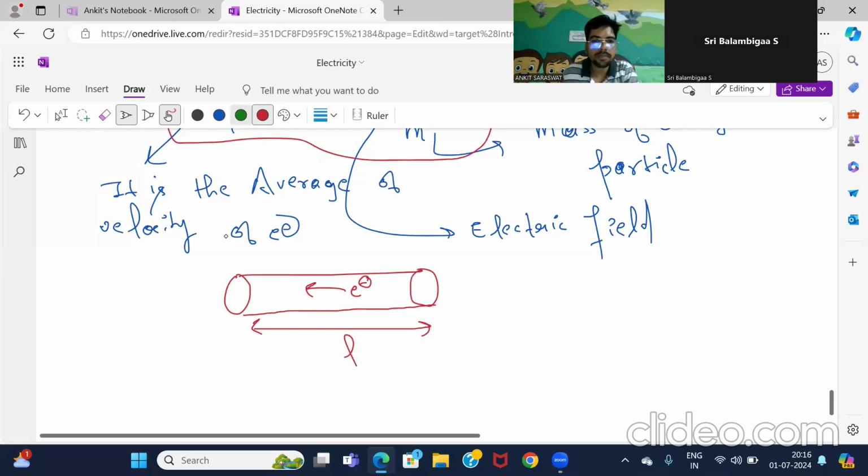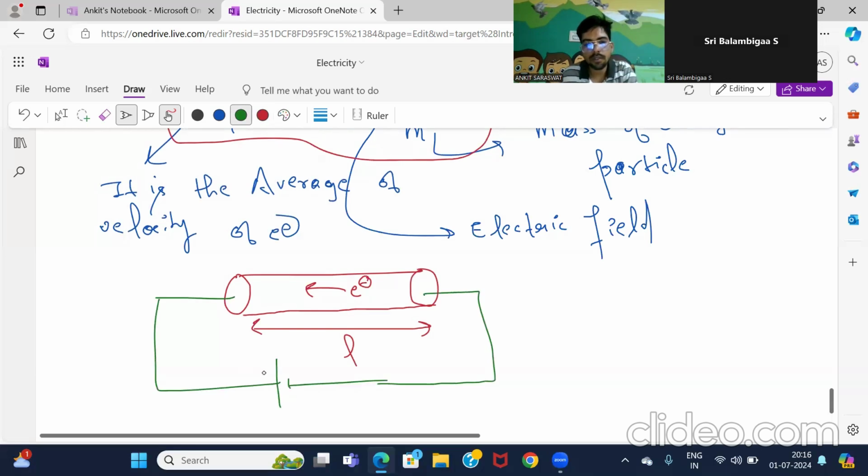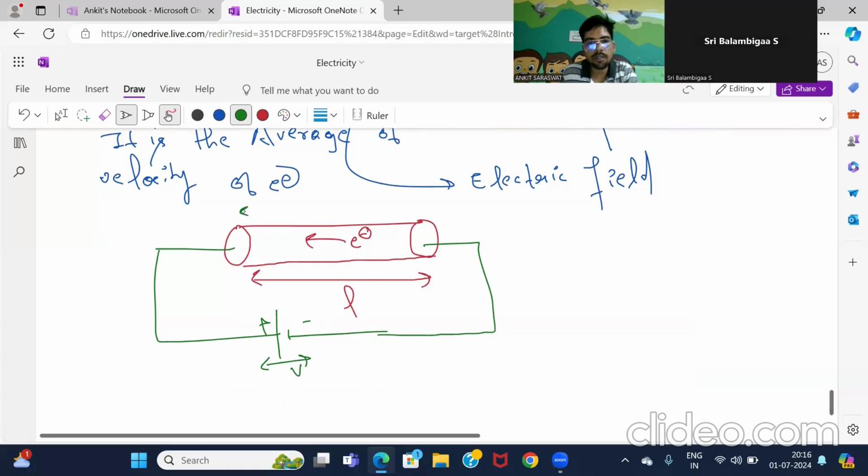Due to the cell, the cell has voltage, plus minus voltage drop V or terminal voltage V. This entire voltage is going to be applied across this. Because of this voltage only, the electron is able to move in a particular direction. Then only you will get a net rate of flow of charge.